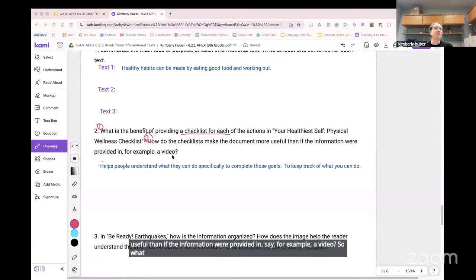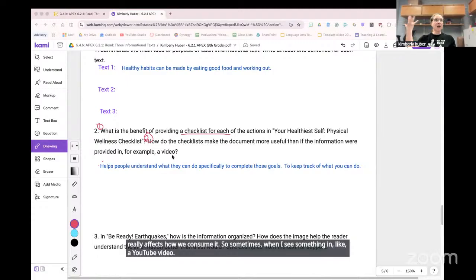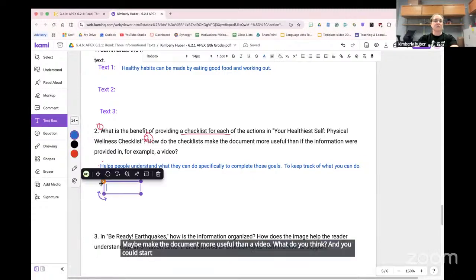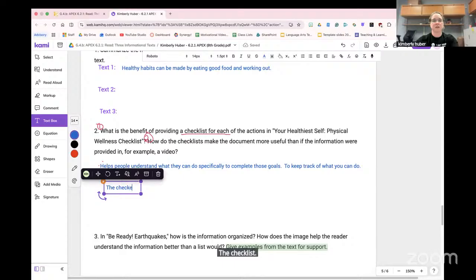The way that information comes to us really affects how we consume it. Sometimes when I see something in a YouTube video, I use it differently than if I see it printed. So why do you think the checklists make the document more useful than a video? You could start by saying, the checklist is more useful than a video because, and then tell your because.